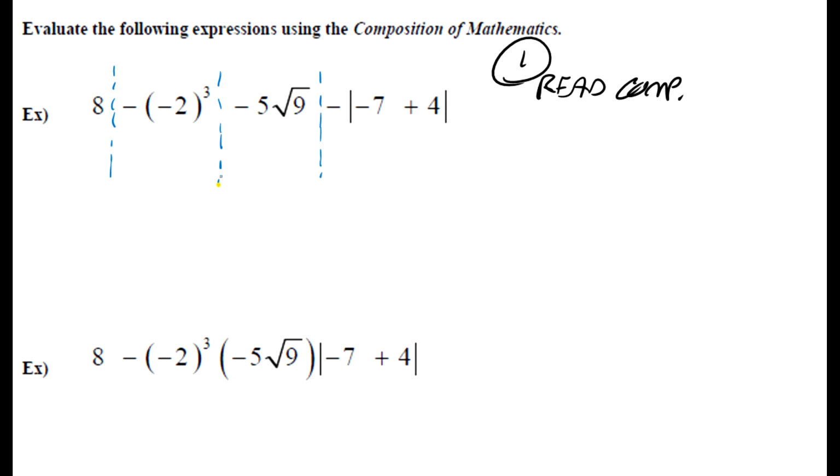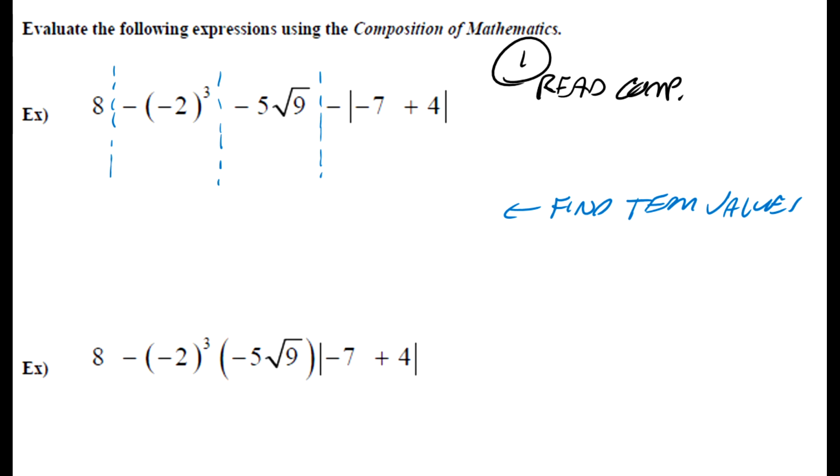So this has four separate terms. Okay, I want to find the value of each of these terms in any order I want. It doesn't matter what order. But to find the value of the terms, I have to know how to identify the value of all the factors in the terms.